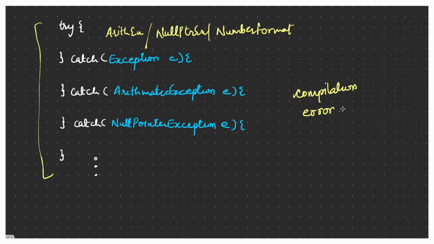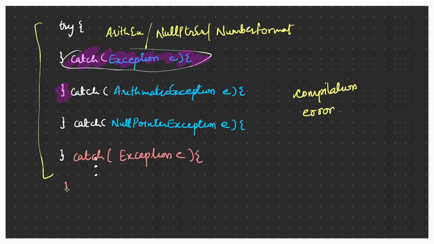But this does not mean that we cannot have multiple catch blocks. This compilation error is coming because of the first catch block. Now let's say I move the catch for Exception from the top to the bottom. If ArithmeticException is thrown by this try block, it will be handled by the first catch block.